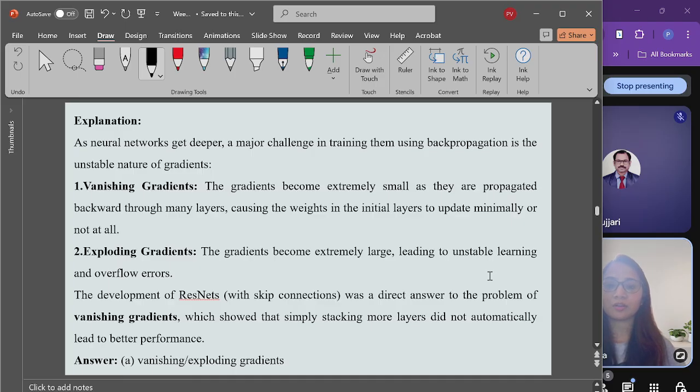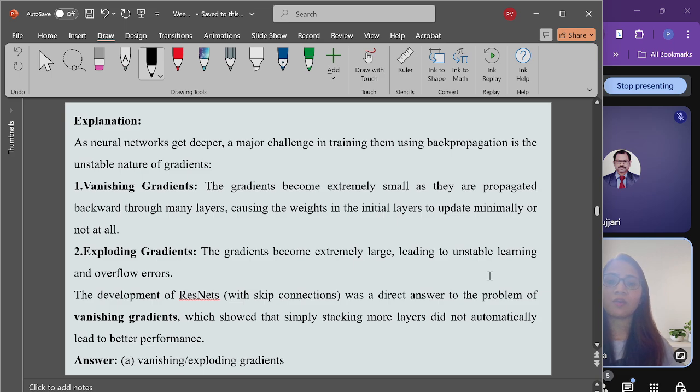So the development of ResNet, let's say, with skip connections was a direct answer to this problem of the vanishing gradient, which showed that simply stacking more layers did not automatically lead to better performance. ResNet basically works with skip connections. So answer A is the correct one: the vanishing and exploding gradients.